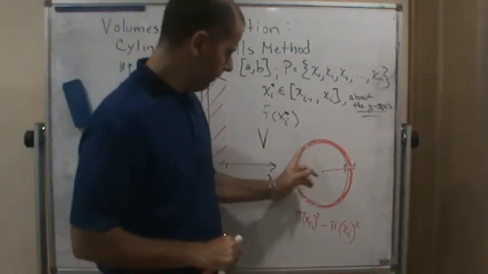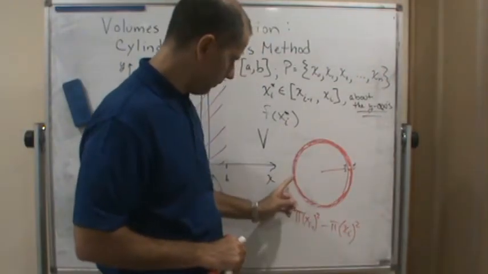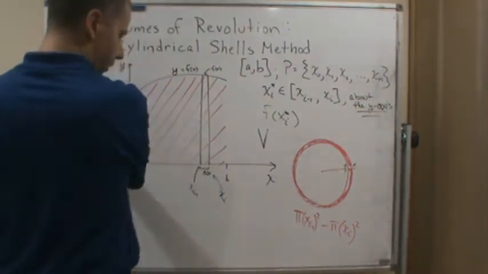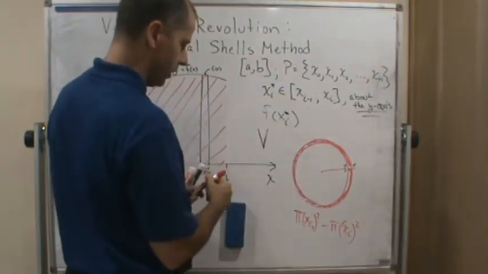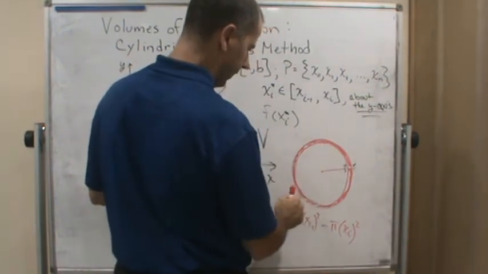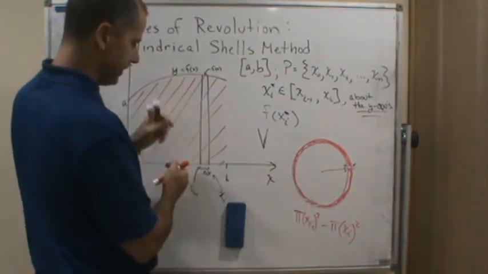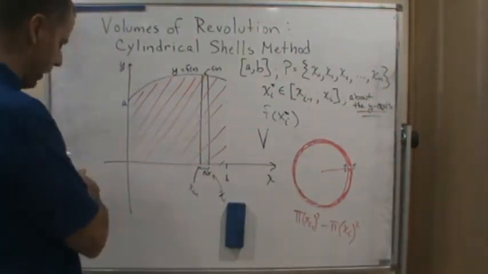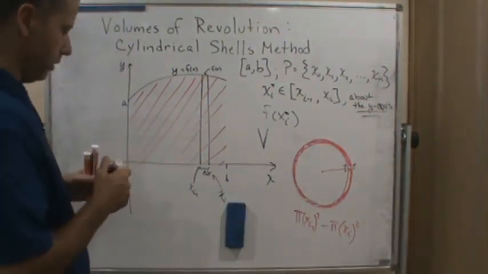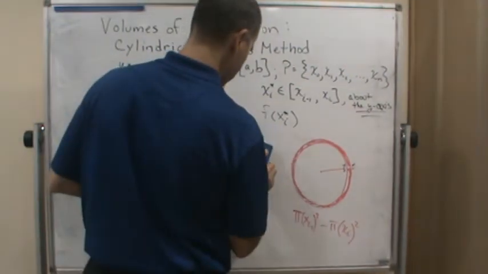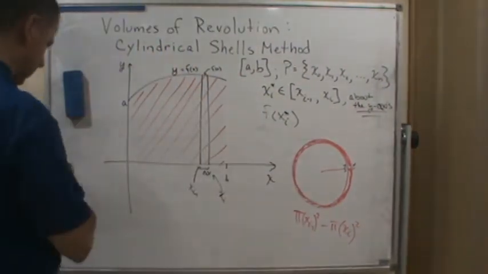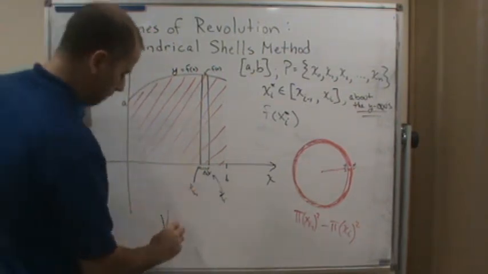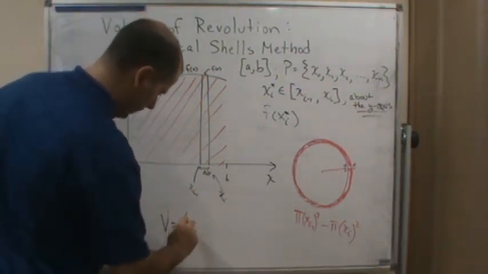Now what we're going to do is, we found this shell, right? And of course the volume of this shell. So now the volume is going to be taking this cross-sectional area and multiplying it by the height. That's going to give us the volume of this shell that goes all the way around. So the volume of this one piece is going to be what?